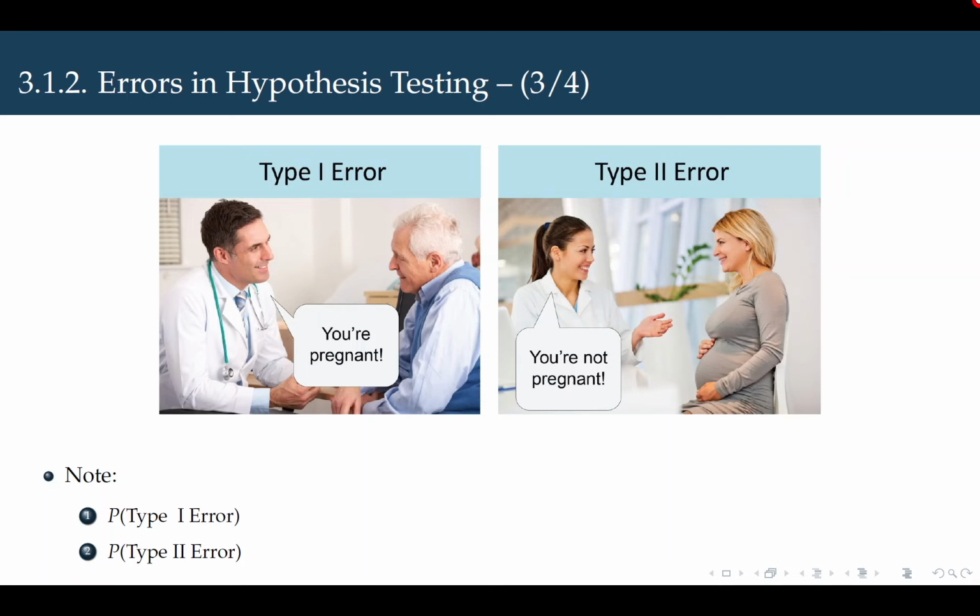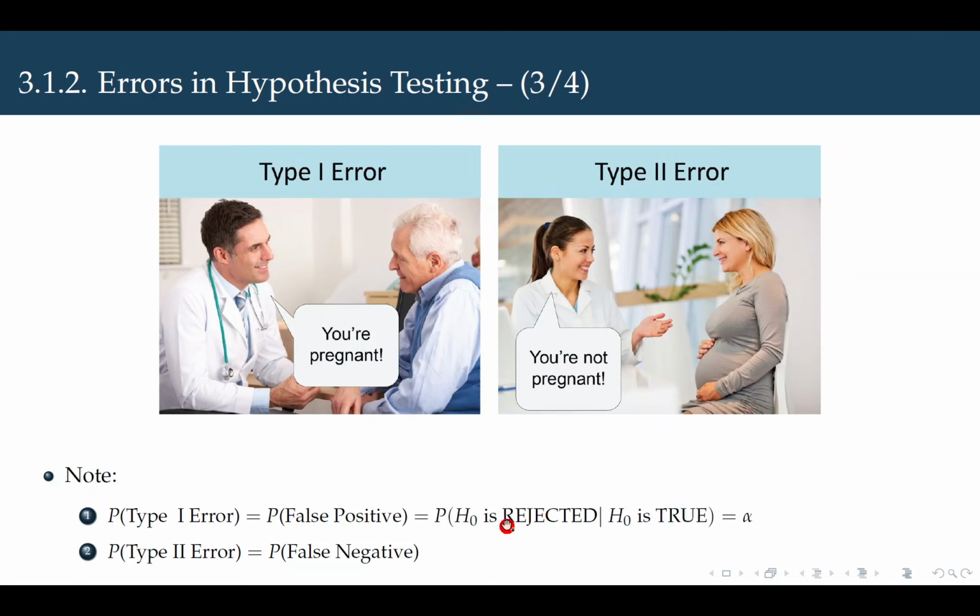Therefore, in the first, the probability of type 1 error, or the probability of rejecting a true null hypothesis, is nothing but the probability of false positive. And the probability of type 2 error, or the probability of not rejecting a false null hypothesis, is the probability of false negative.